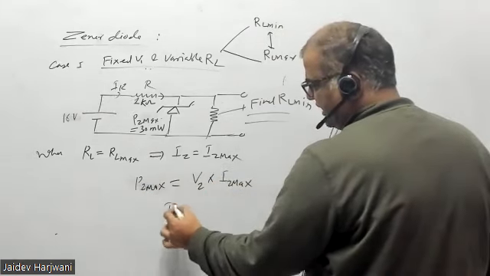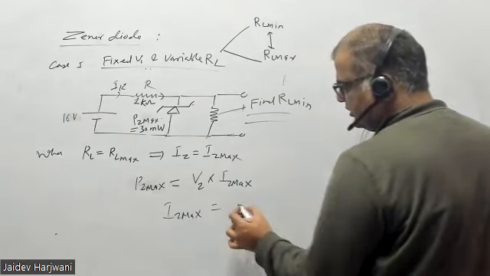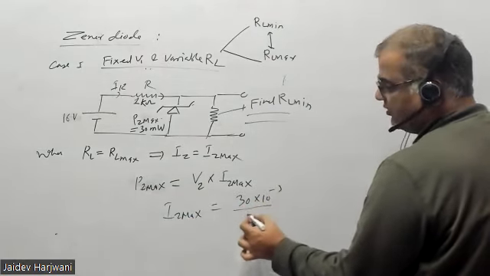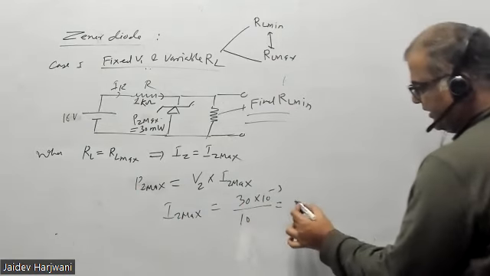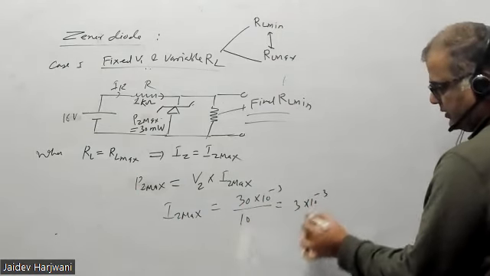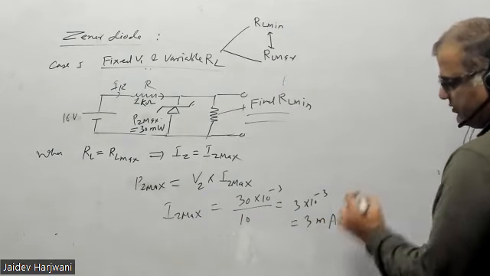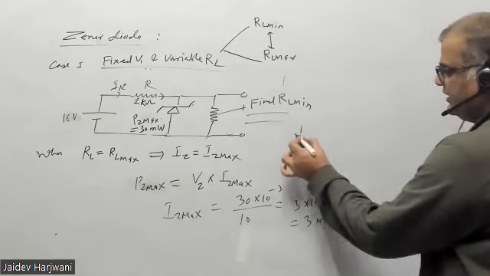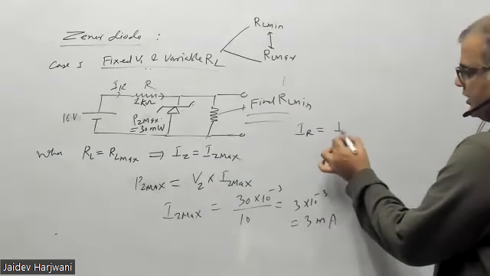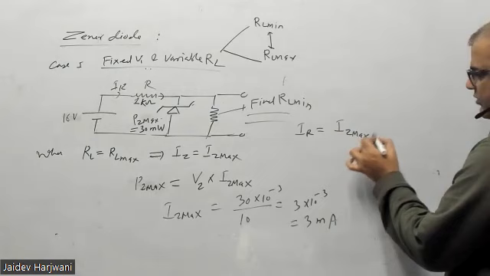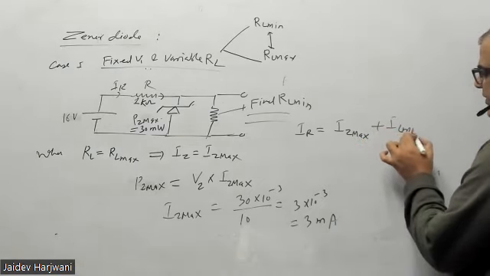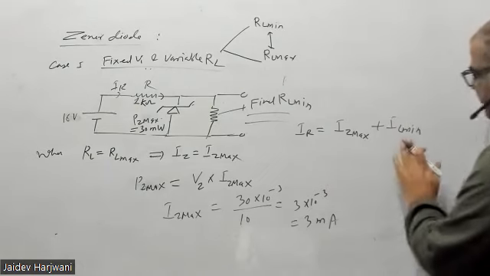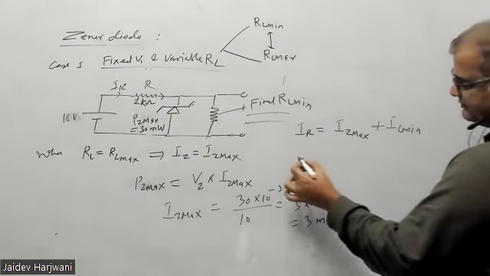So IZ max equals PZ max, which is 30 milliwatt, upon 10, that is 3 milliampere. Now IR equals IZ max, so automatically this becomes IL minimum. Here you can find the value of IL minimum.